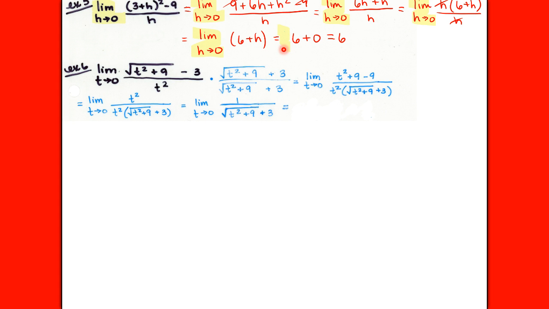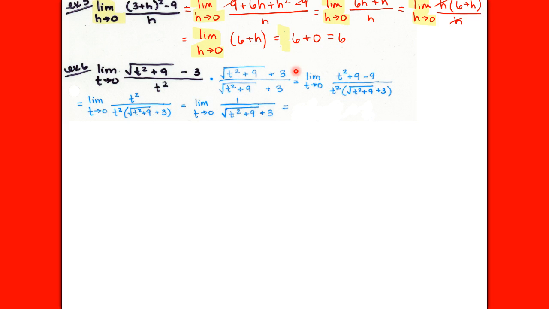All right, the last one that they give us here is not a polynomial, not a rational function, can't use direct substitution. So something that we saw last year is that we could rationalize the numerator just like we rationalized the denominator. So I'm going to multiply by the conjugate, all right? The conjugate is when I multiply by, we've got the radical minus 3, I'm going to multiply by the radical plus 3.